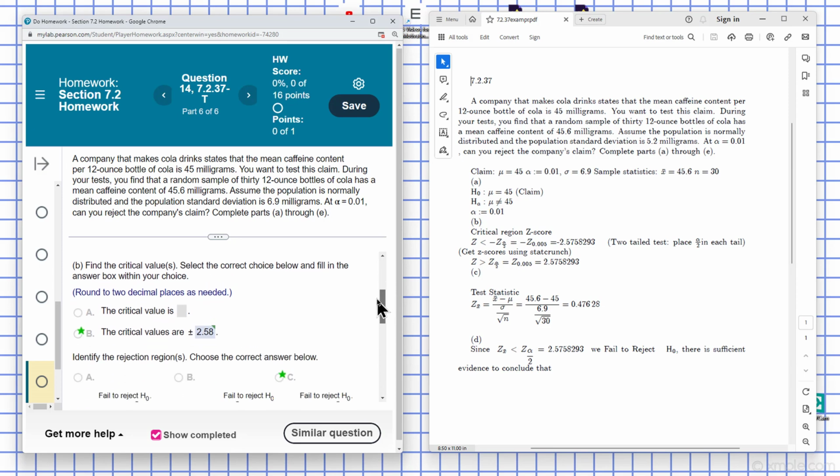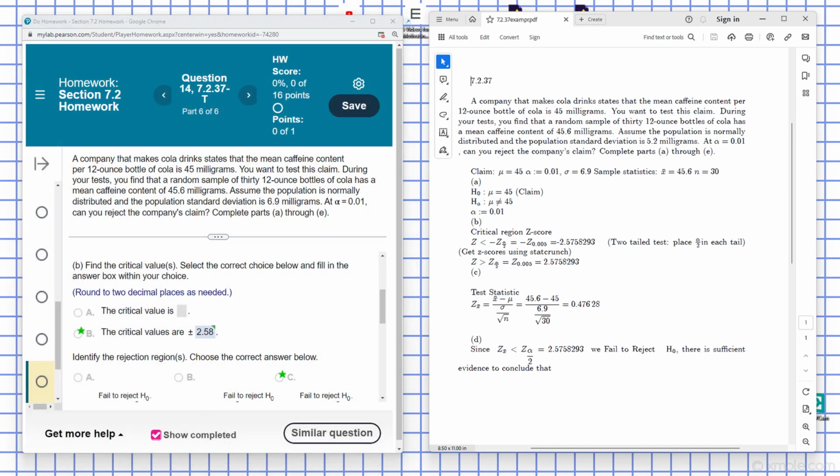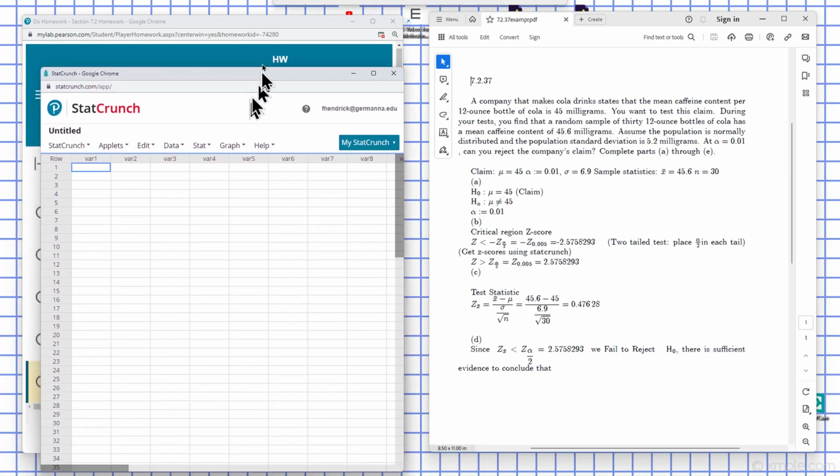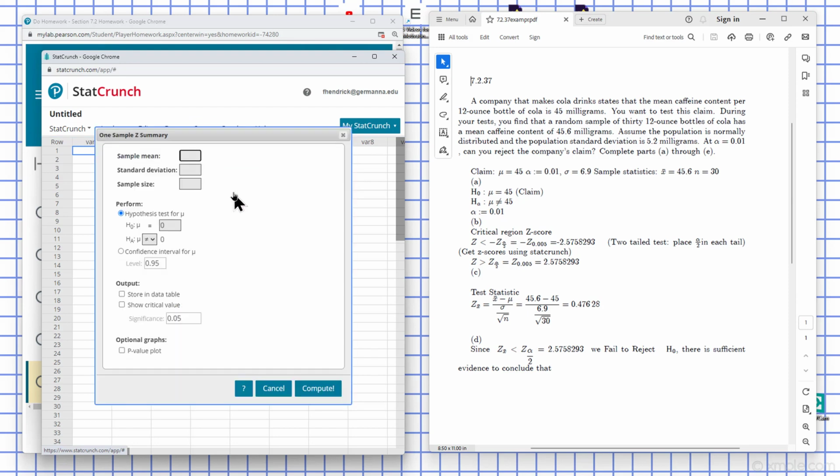Find critical values. We can do that by using StatCrunch. Okay, so we go to Stat, usually Stat, Z Stats, One Sample, with Summary.